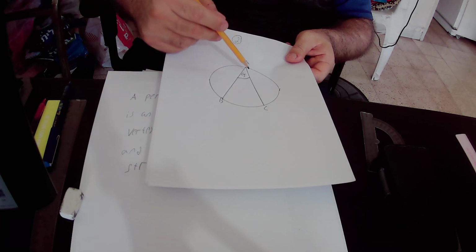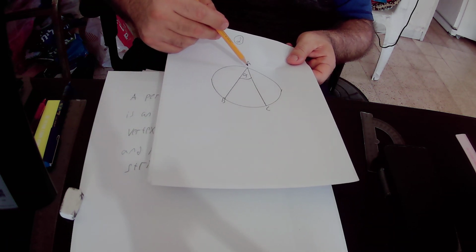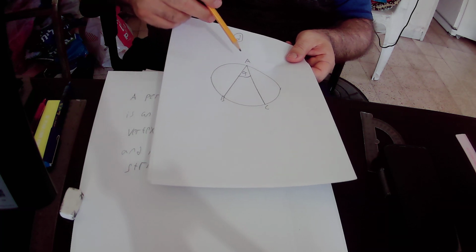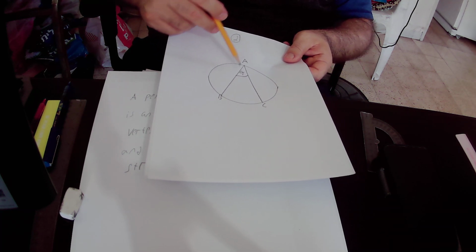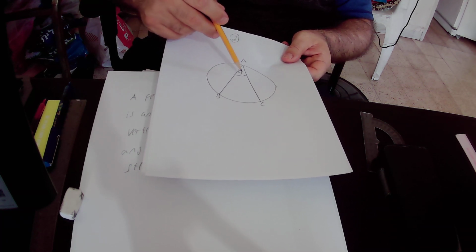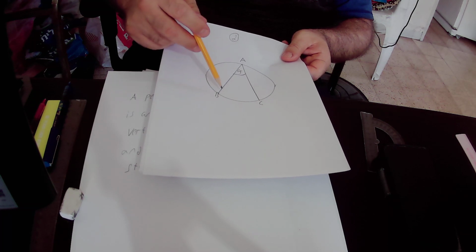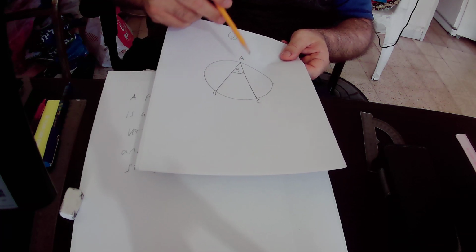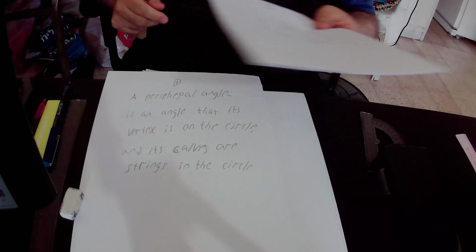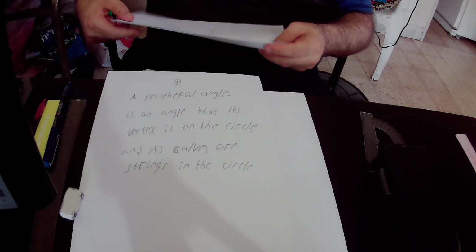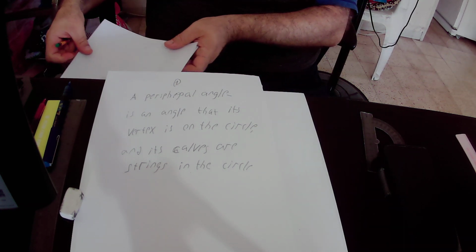The curve AC of the angle alpha is a string in this circle, and also curve AB of this angle alpha is a string in the circle. So that is the definition of a peripheral angle.